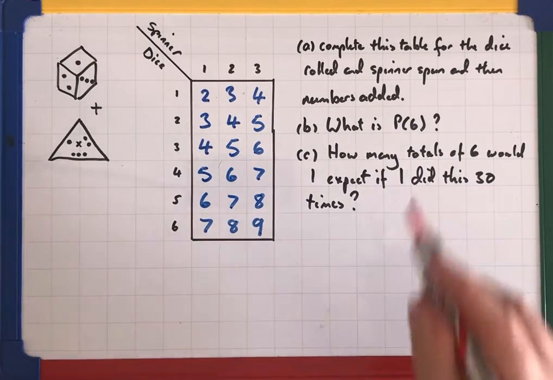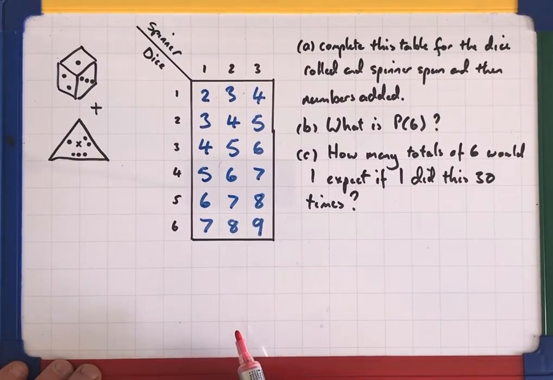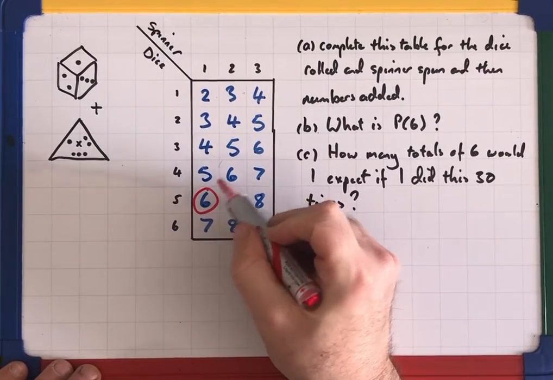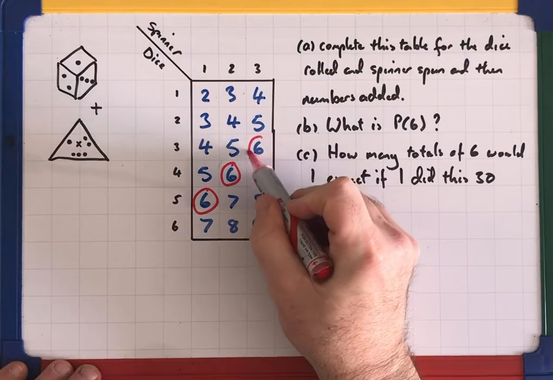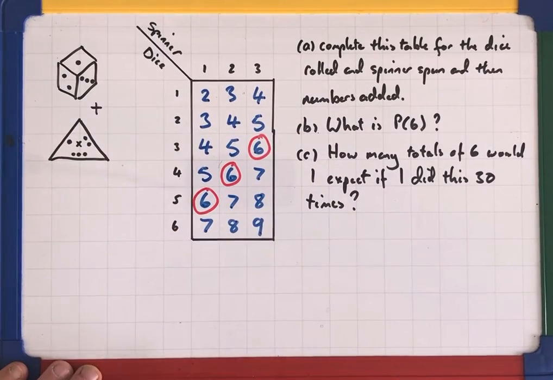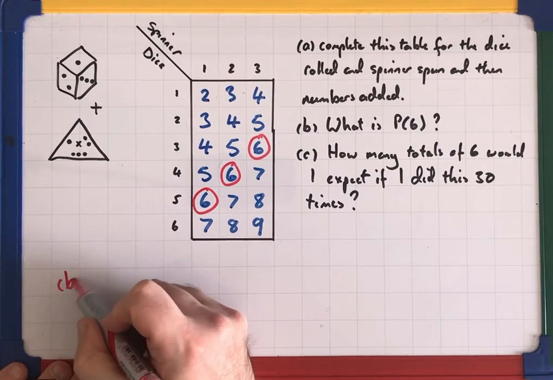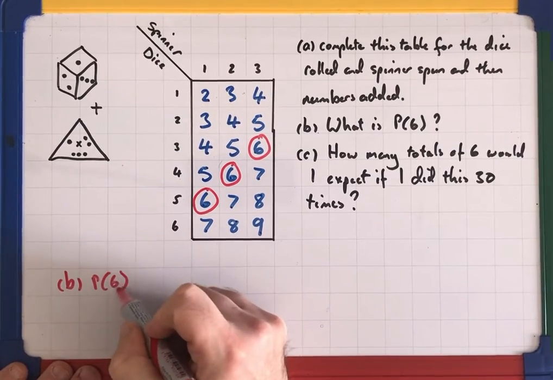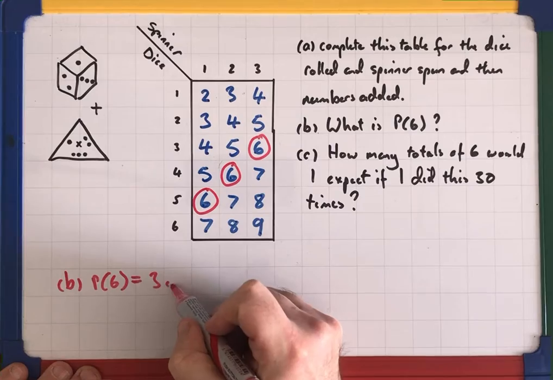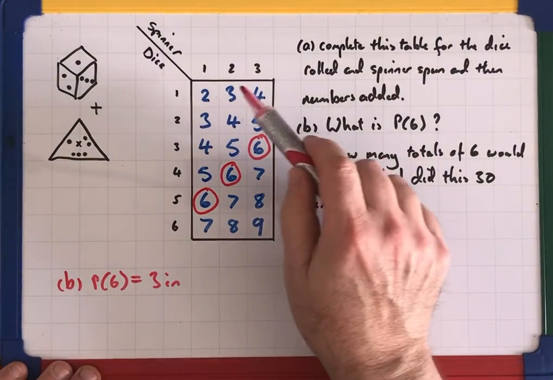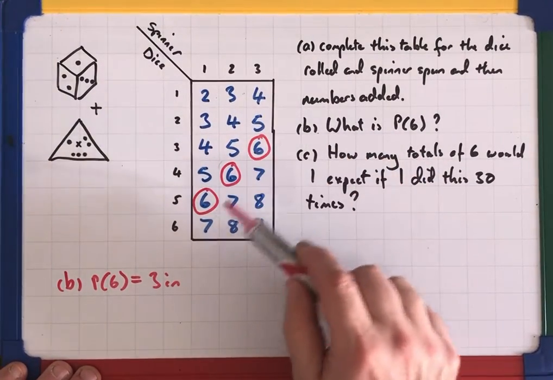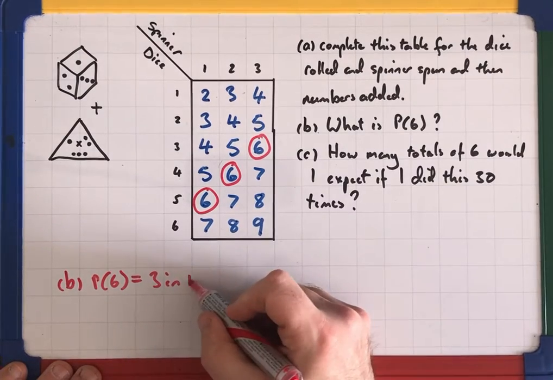Look, it says, what's the probability of 6? Well, look, there's 1, 2, 3 ways of getting 6, aren't there? So the probability of 6 is 3 in, and if we look at it, we've got 18 different ways.